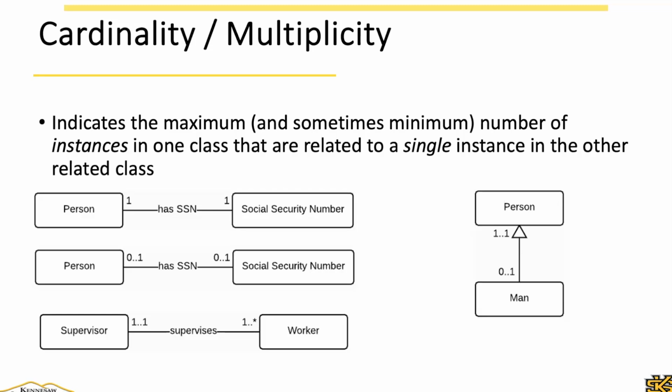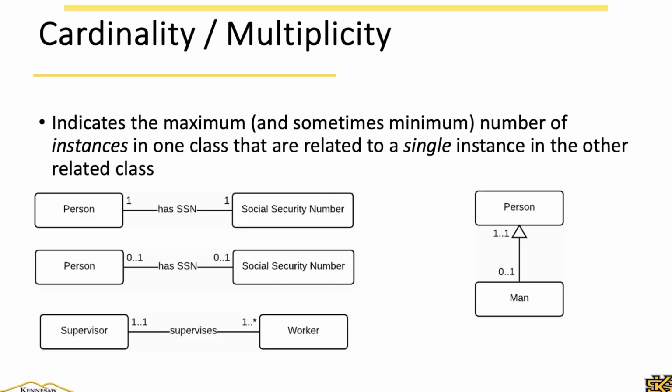So we have a one-to-one relationship between a generalization class, which is person, and its specialization class, which is man. This means that every instance in the man class must be related to exactly one instance in the person class.